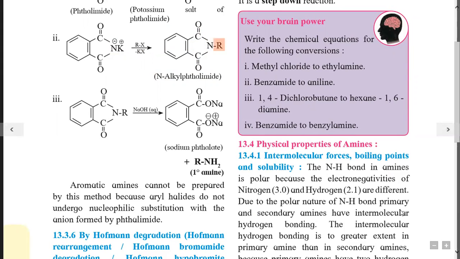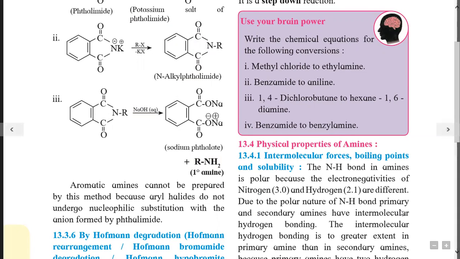So this is the structure of N-alkyl phthalimide. Then this N-alkyl phthalimide undergoes hydrolysis using aqueous NaOH, that is aqueous alkali, and we get the main product RNH2, a primary amine, and the side product is sodium phthalate or sodium salt of phthalic acid.